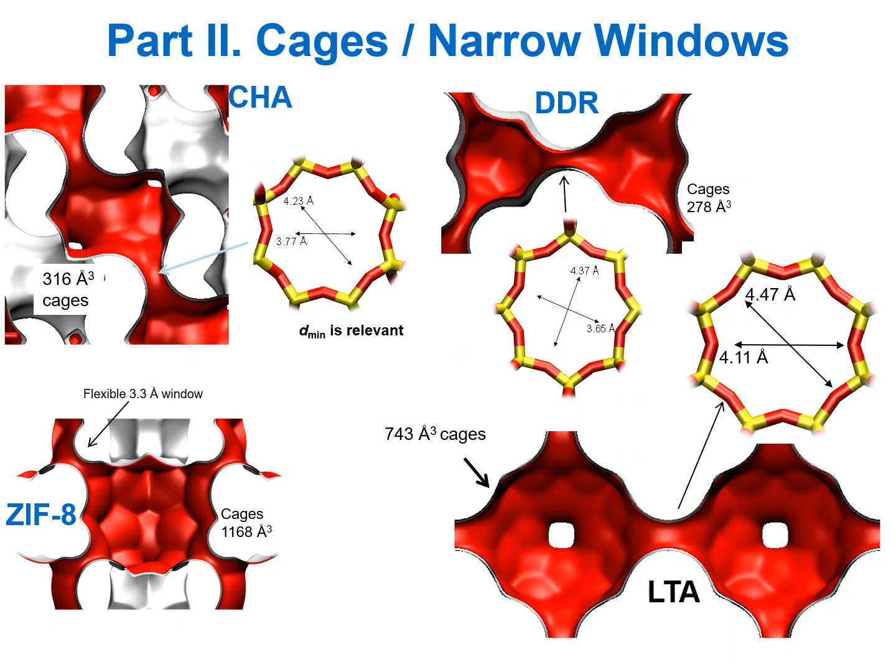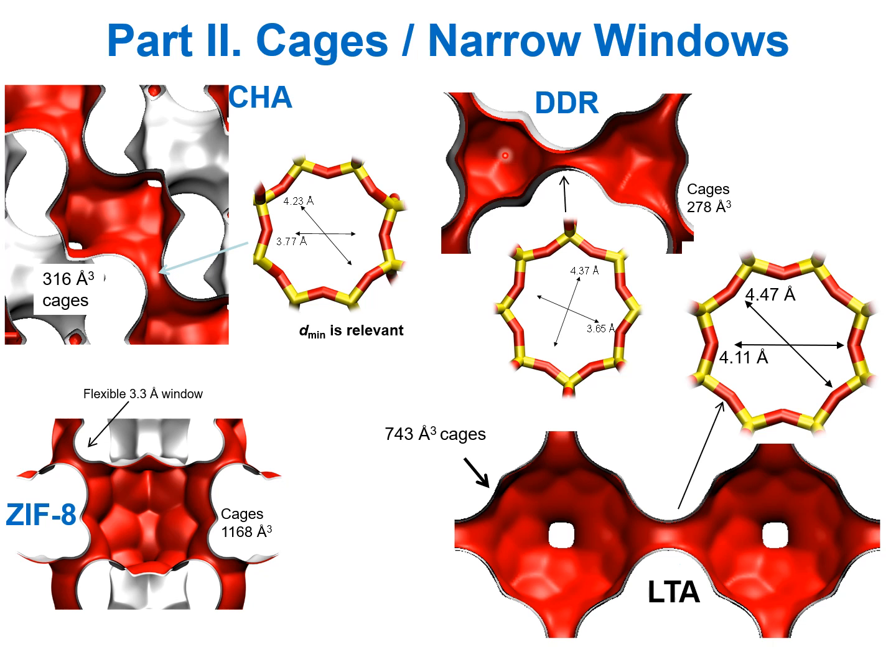In the second part of this presentation, I consider membranes that are constructed of materials that consist of cages separated by windows that are smaller than about 4.1 angstrom. For example, you could have chabazite, which consists of cages of 316 cubic angstrom, separated by 8-ring windows. This is 3.8 angstrom here and 4.2 angstrom in this direction.